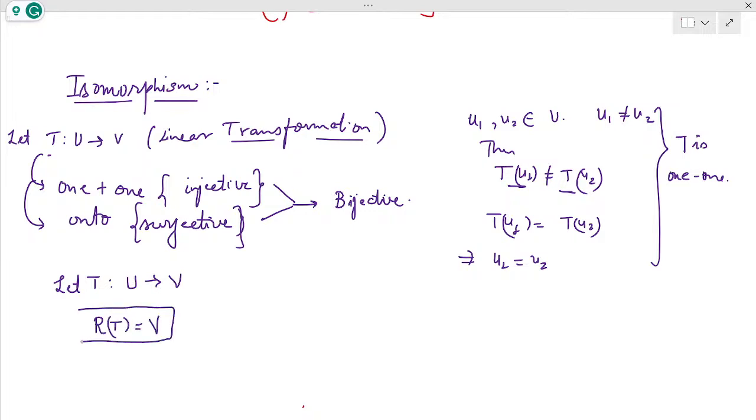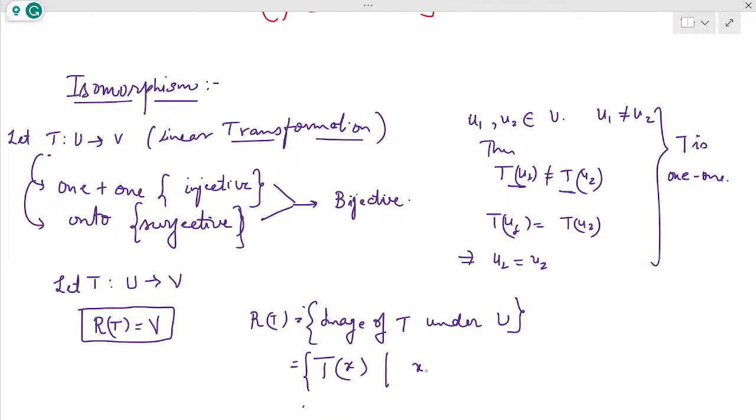The range of T is nothing but the image of U under T. It represents Tx for all x belonging to U.